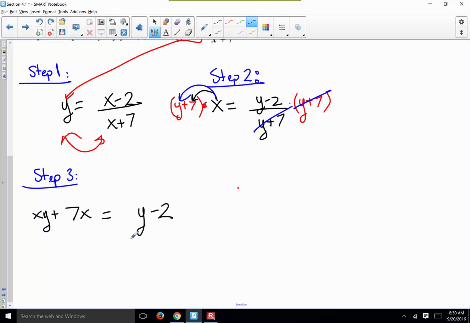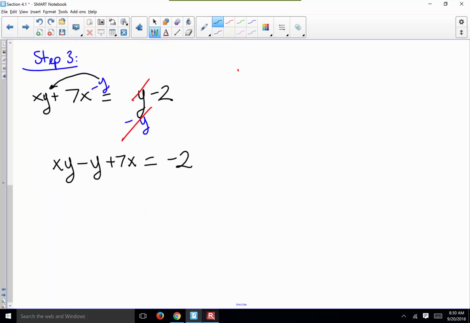So what do? I subtract y from both sides. These y's come together now as xy minus y, 7x, so I'm just putting next to this guy, equals minus 2. Okay?